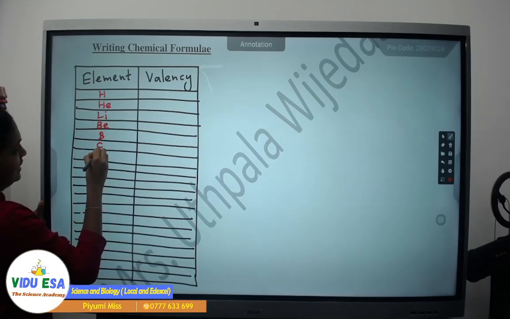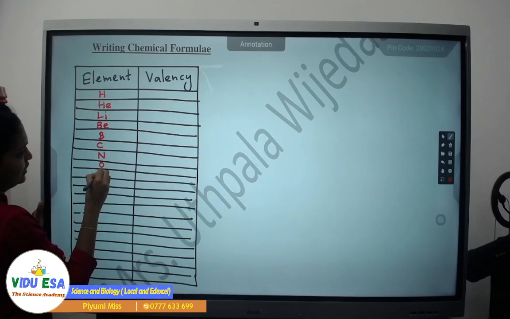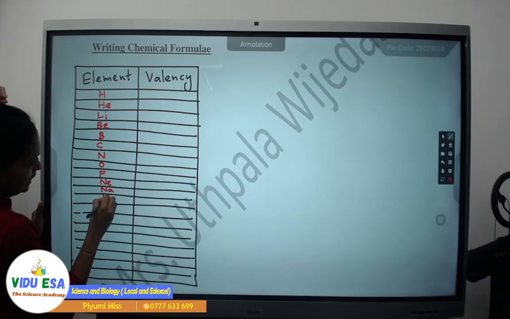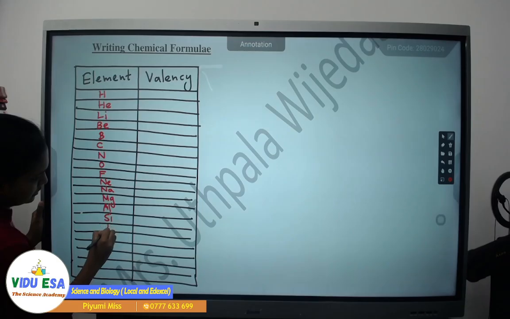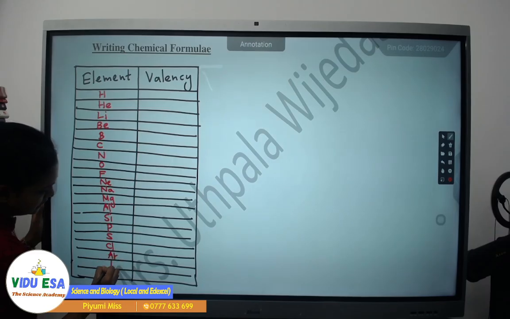Boron, carbon, nitrogen, oxygen, fluorine, neon, sodium, magnesium, aluminium, silicon, phosphorus, sulfur, chlorine, argon, potassium, calcium.